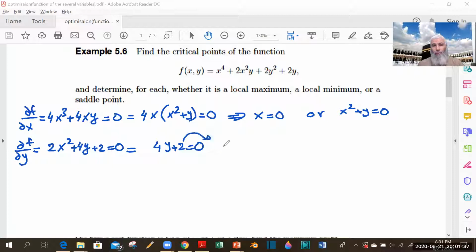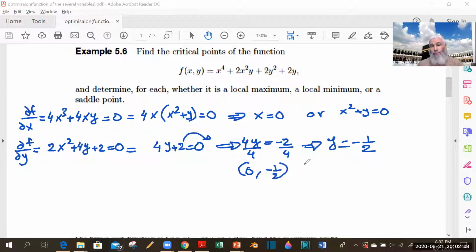This 2 can come here, so 4y equals negative 2, divided by 4, so y equals negative 1 over 2. So our first critical point is at x equal to 0 and y equal to negative 1 over 2, right?